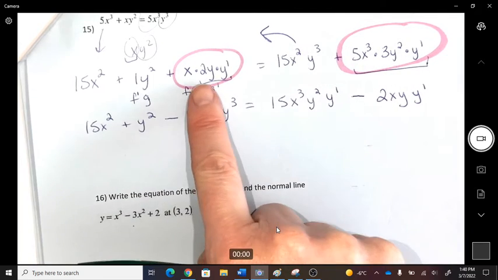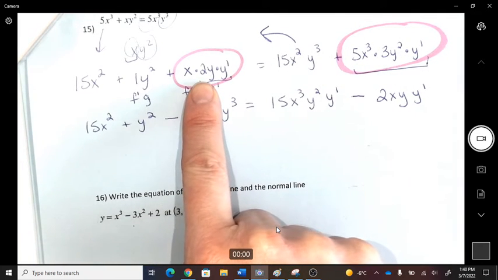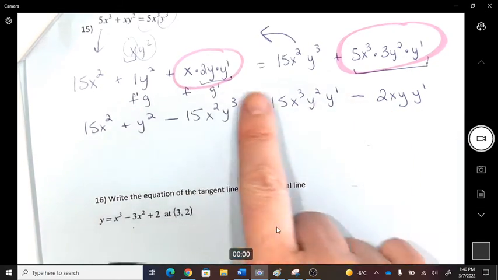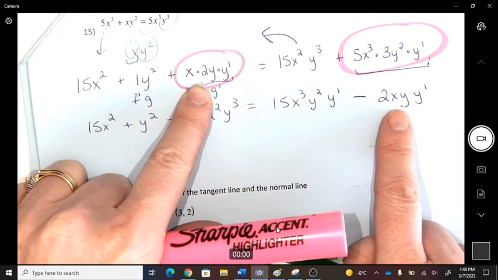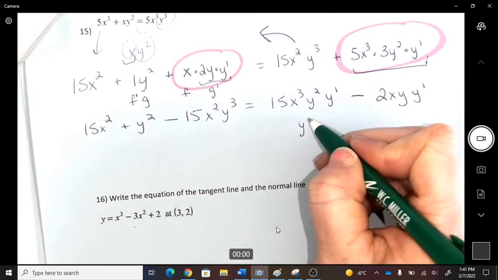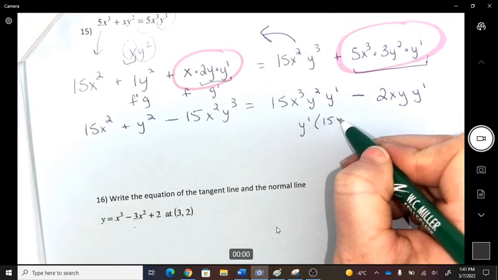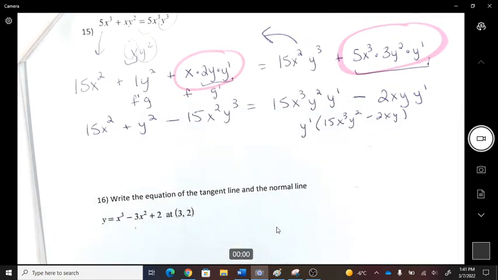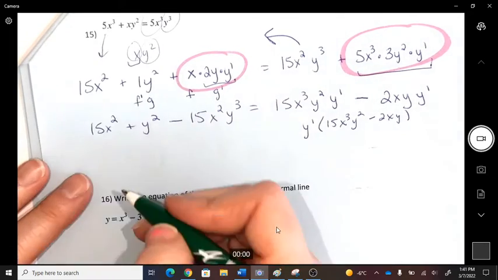Okay, you're okay? I just rewrote it. I don't like my 2 in the middle. I like my 2 in the front. Not a big deal. Those are the same thing. You're okay with that looking? Okay, now technically I guess I should factor this out. Right? So what is your final answer?